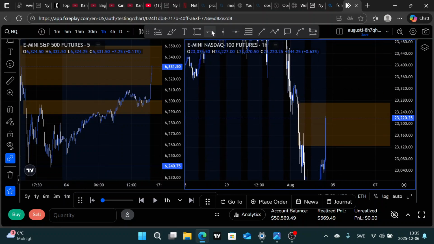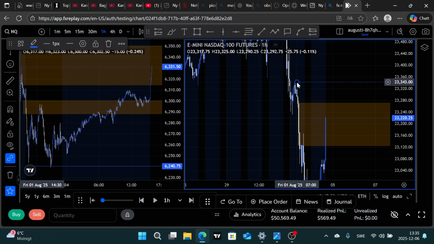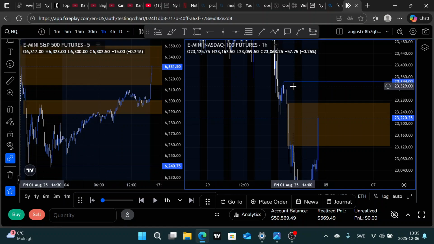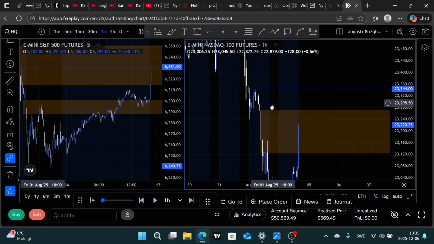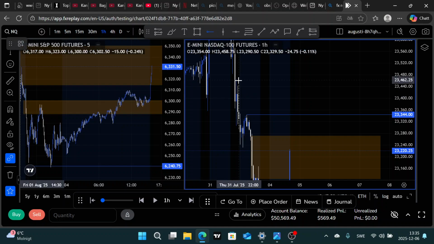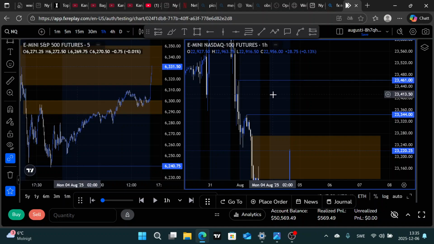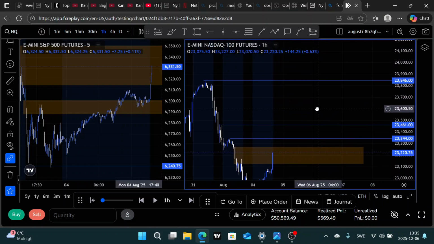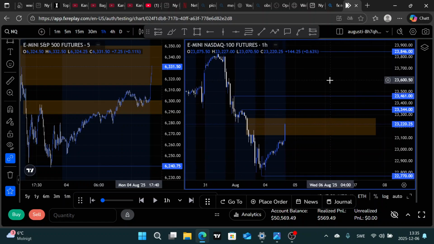So if it gets disrespected, then we see the price can probably go and take this internal buy side, and then probably external buy side.